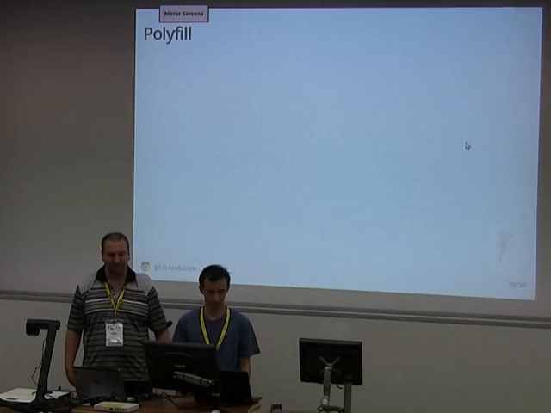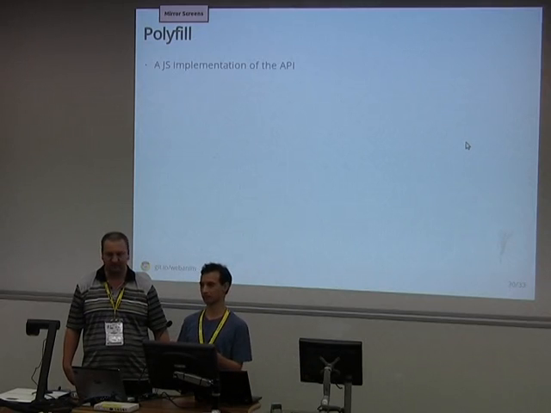As part of our strategy for pushing this out onto the web, we've got a polyfill, and what that means is it's a purely JavaScript implementation of the API, and that's how we were running it on the slides just now. This is just so that developers can actually use this technology, even though it's not in all the browsers. Because it's JavaScript, it's very much like another JavaScript animation library.